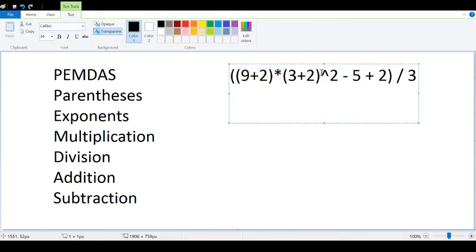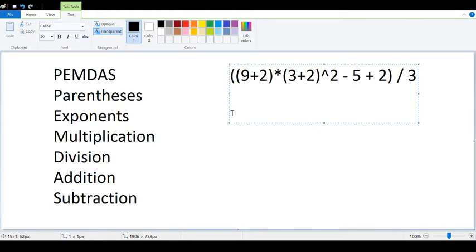And this little caret right here actually means raised to the second power. Okay, so this is an exponent. I just want you to look at it that way. And I know we haven't really discussed exponents yet. We will later.